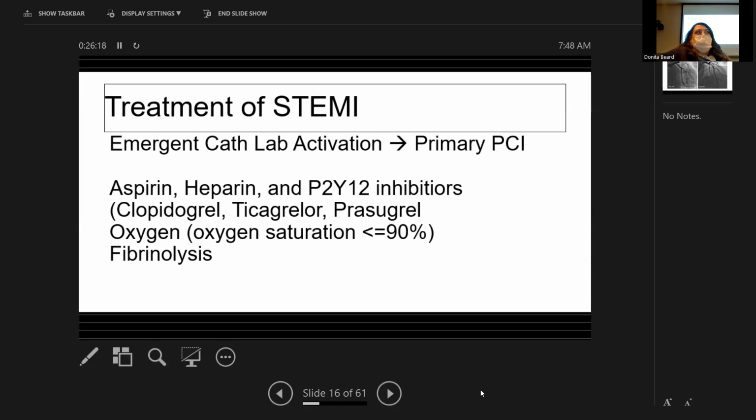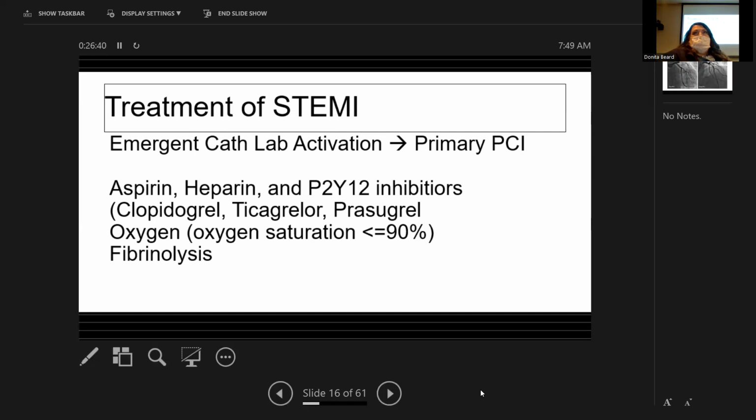They usually get heparin. If somebody has an NSTEMI, you can treat with Lovenox and different anticoagulants. But for STEMI, because you're going to take them straight to the cath lab, almost all of them get heparin. And then P2Y12 inhibitors: Plavix, Ticagrelor, Prasugrel.